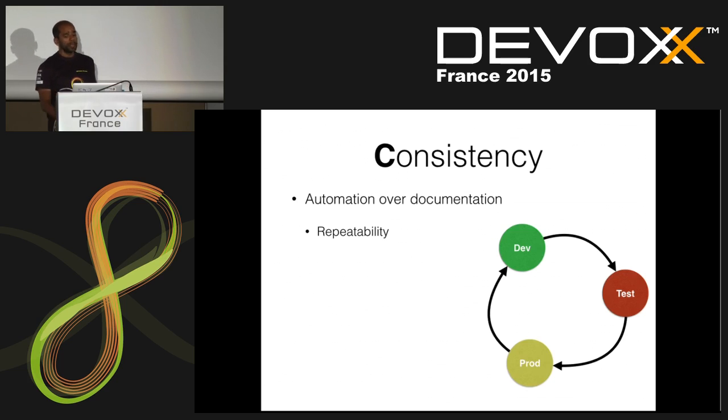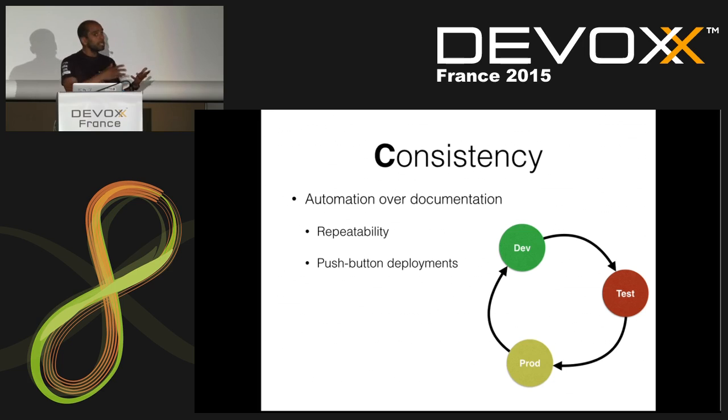And that really gives you repeatability, because if it's automated, you can run that same thing again and again from dev to test to prod, whether it's a tag, whether it's a Nexus repository, wherever it is, it gives you complete repeatability of your environment. And effectively, that leads to your push button deployments, where you say, okay, git push, and everything just triggers in a cycle.